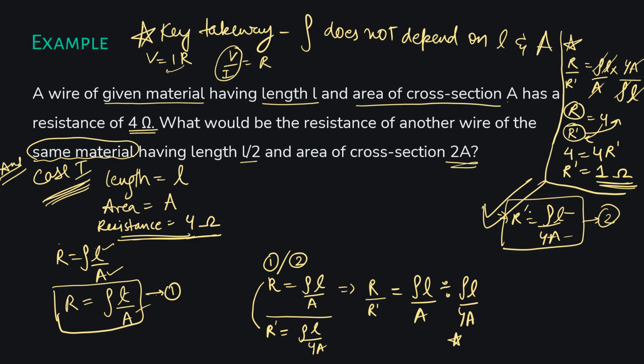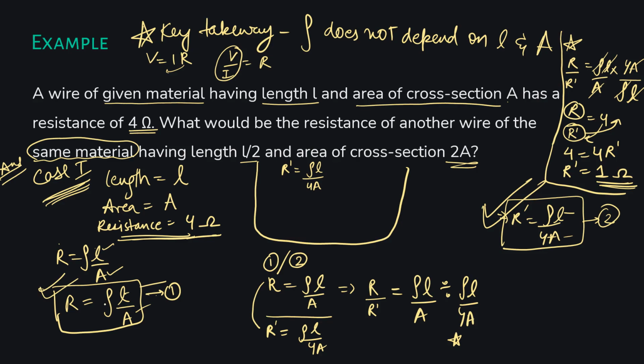So here we have R dash is equal to rho L by 4A. I'll just write it here again, solving it here in small. Now, if you look at it very closely, can you see that there are some terms from equation 1 here? What is common?